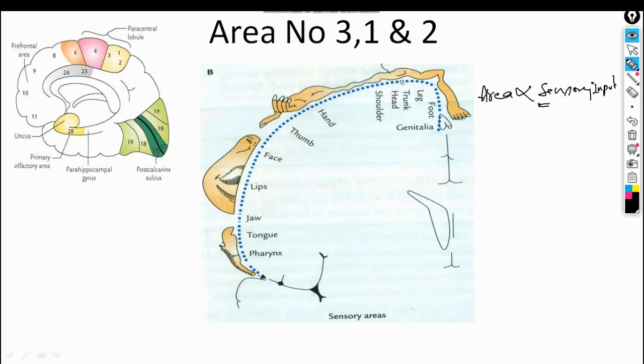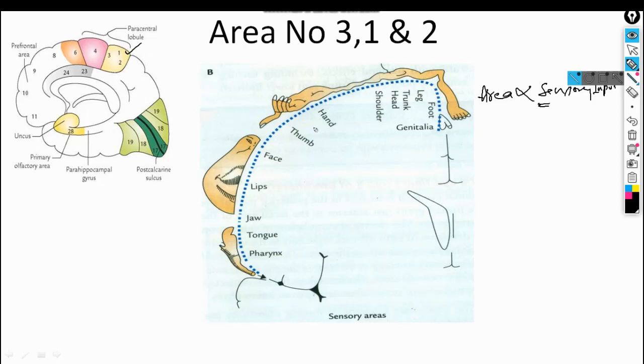From trunk, head, shoulder, hand, thumb, face, lip, jaw, tongue and the pharynx, the sensory input is from the superior lateral aspect of this hemisphere, whereas the foot, genitalia and perineum are from the medial aspect.